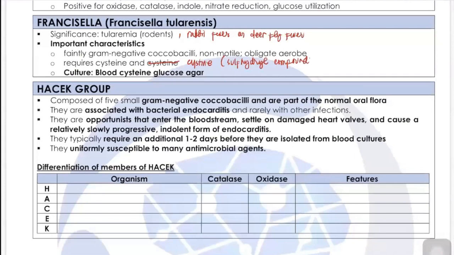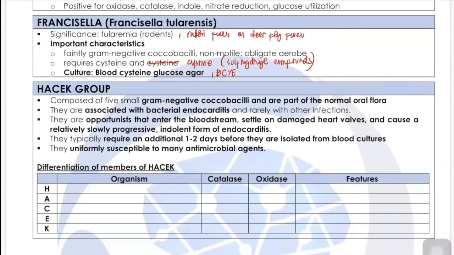That would be Francisella tularensis. For culture, it can be grown on blood cysteine glucose agar, and it can also be grown on BCYE, or the buffered charcoal yeast extract agar, which is the same agar we can use for the growth of Legionella.